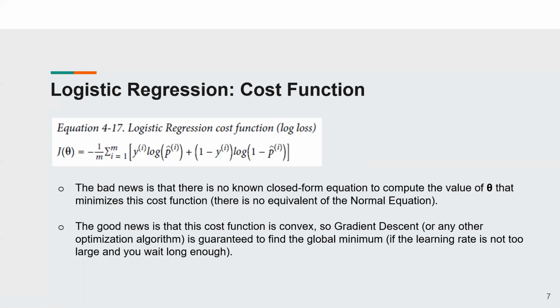The good news is you still can consider the problem from the gradient descent perspective. The function turns out to be convex, and gradient descent is guaranteed to find the global optimum, in this case the global minimum, if the learning rate is not too large and you wait long enough. The model converges, you find the global minimum.